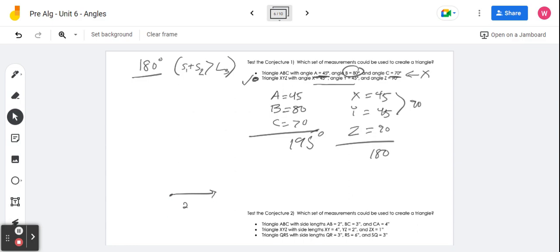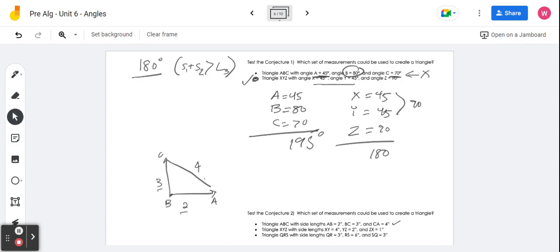We'll put A over here, B over there. So BC is equal to 3 inches. And then CA is equal to 4 inches. So when we look at the 3 sides, we're looking at our 2 smaller sides. Is that greater than the longest side? The answer is yes. That's possible.